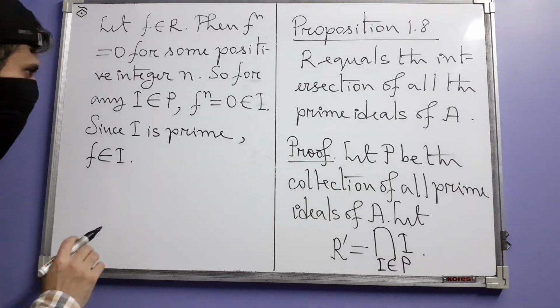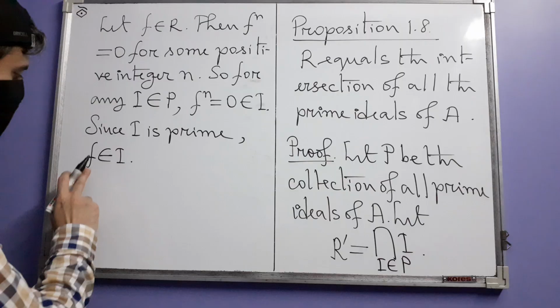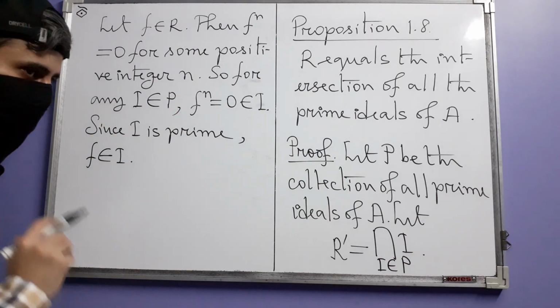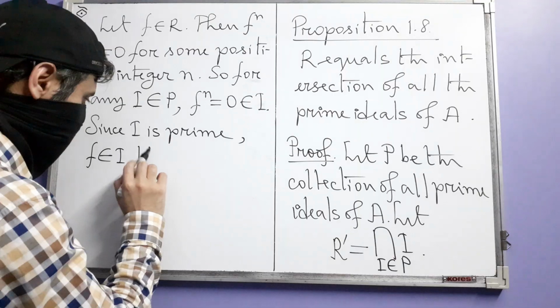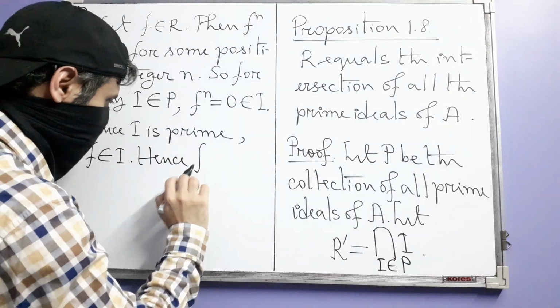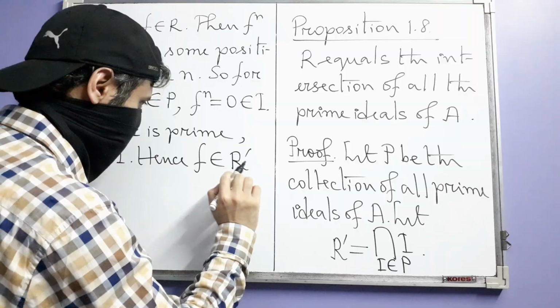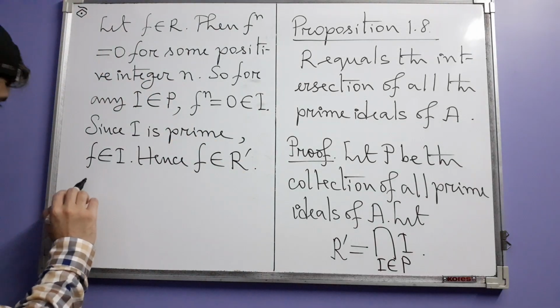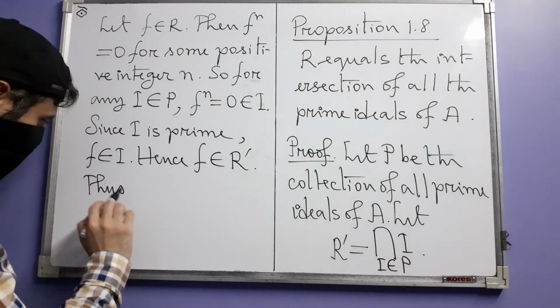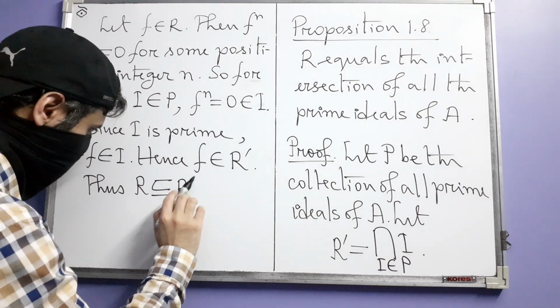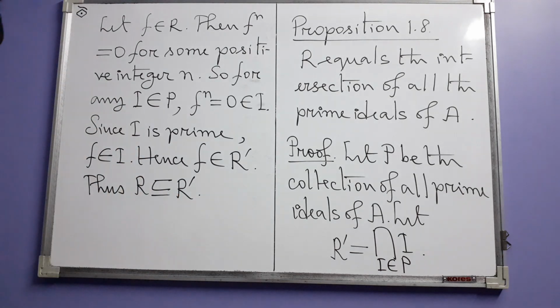Okay. So what are we getting then? We are getting the fact that f belongs to every element of P, every prime ideal. Hence, f belongs to R prime, their intersection. Thus, we have proved that R is contained in R prime.